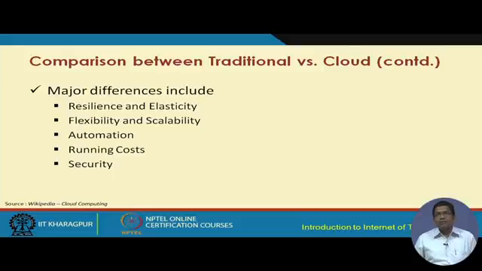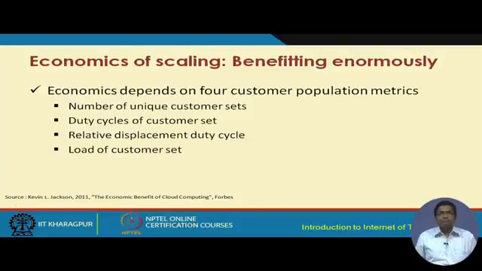With respect to running costs, I have already explained before. Here you have running costs, compared to the traditional one time or periodic costs in the traditional data center environment. You need more resources, you pay for it; you need even more, you pay even more, and so on. So running costs have to be taken care of in the cloud computing model.